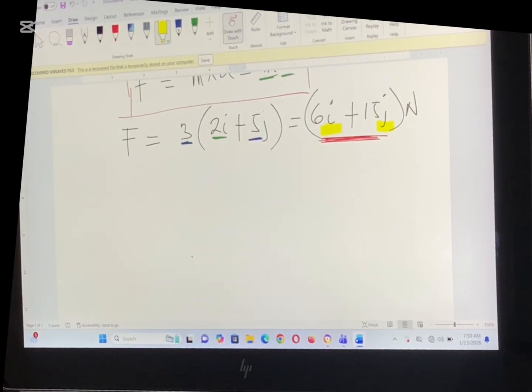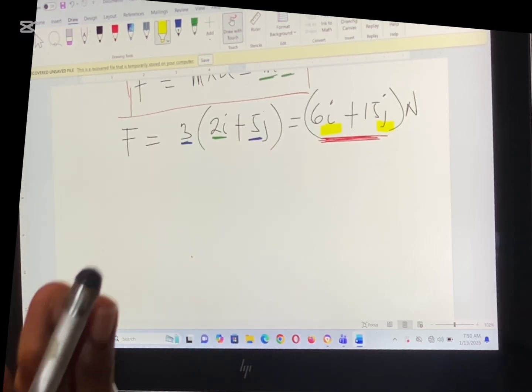So how do we find the magnitude of vectors in three dimensions? Whenever I want to find the magnitude of vectors in three dimensions, you apply Pythagoras theorem. Please take note, okay?